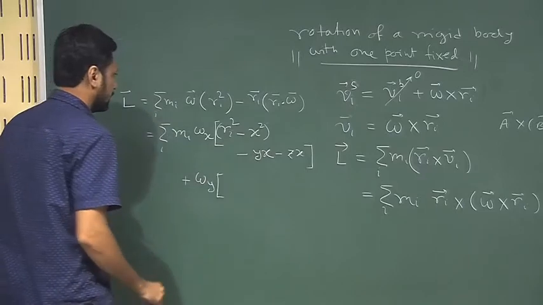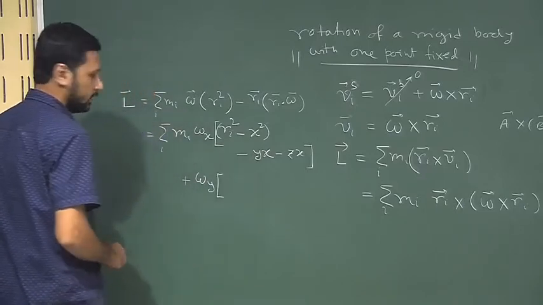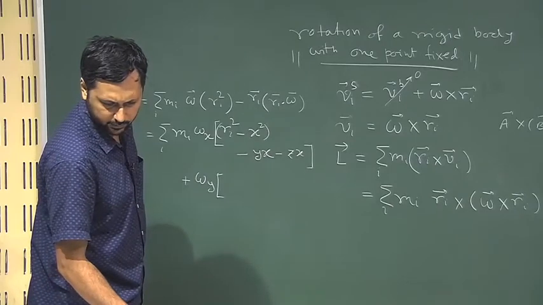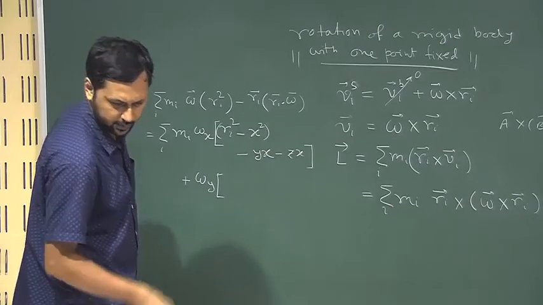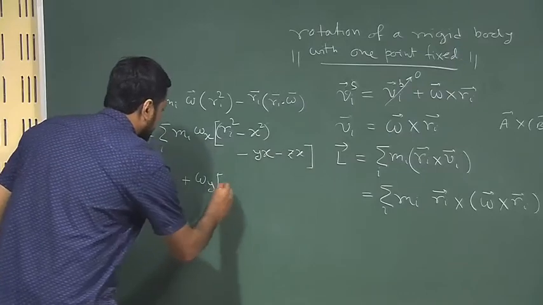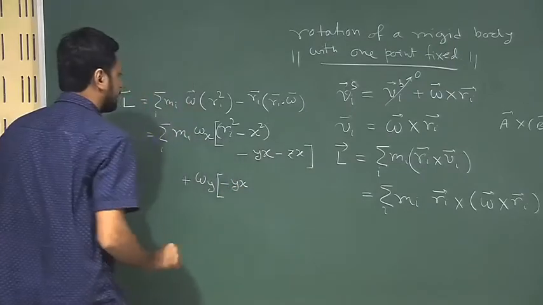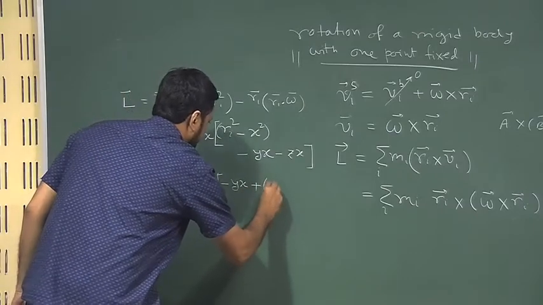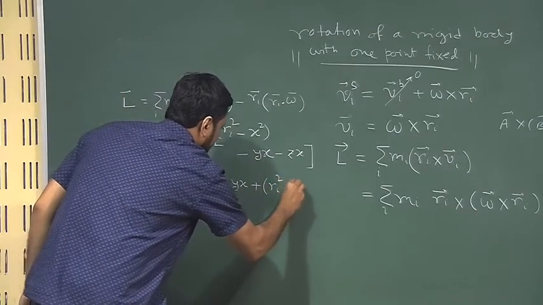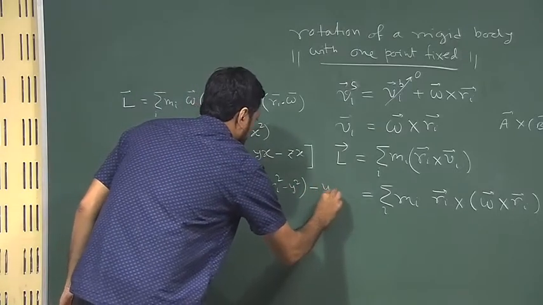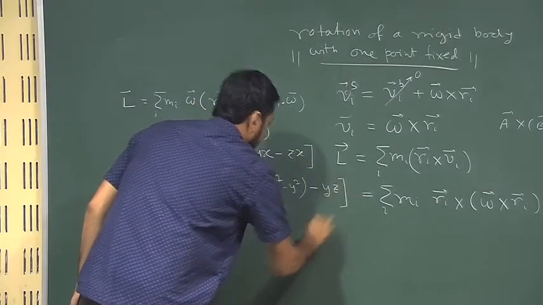There will be two more terms. Omega y: we will have terms like minus y x, plus r_i square minus y_i square, minus y z.